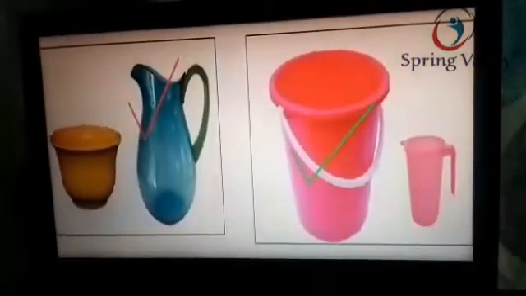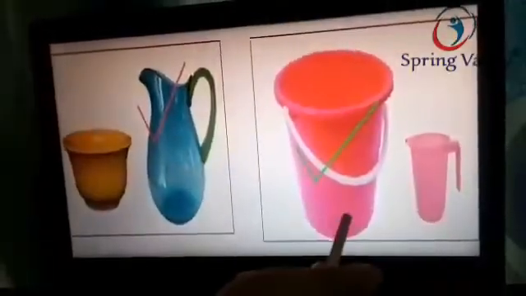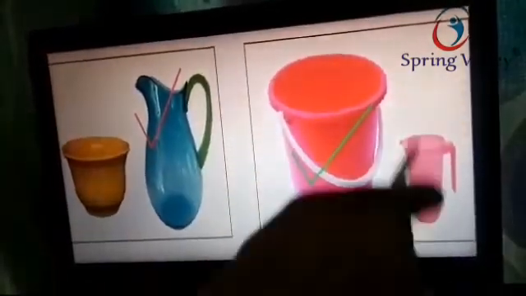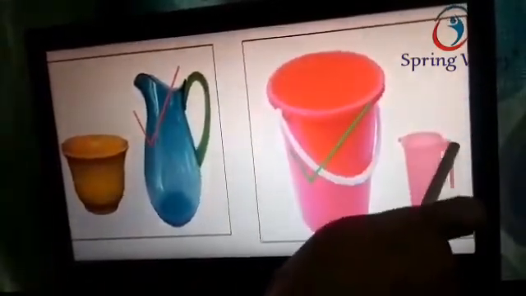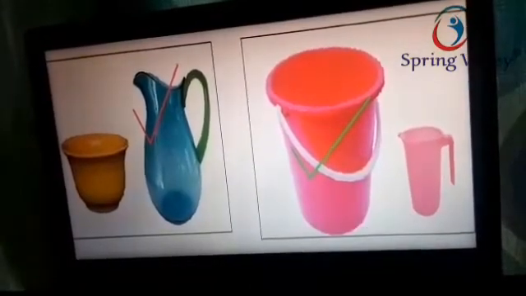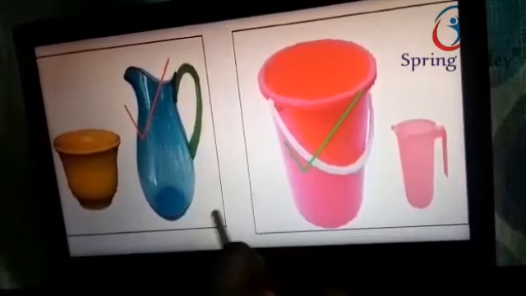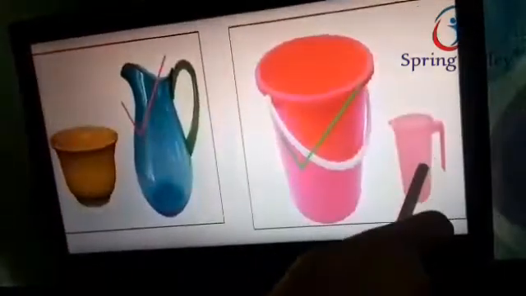Now comes measurement of capacity. See, here we have a bucket and a mug. This bucket is full of water and this mug is full of water. So the bucket has more water than the mug.